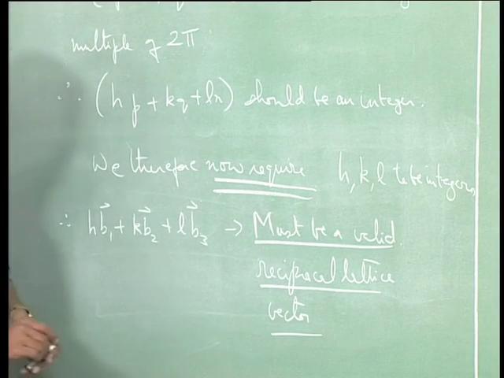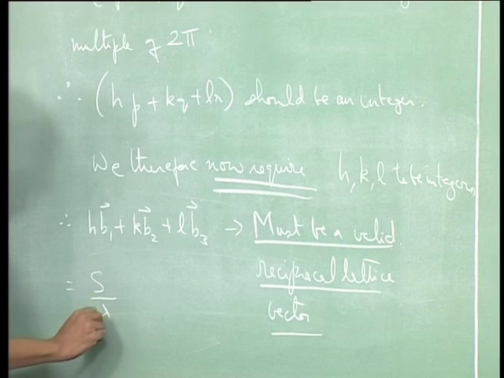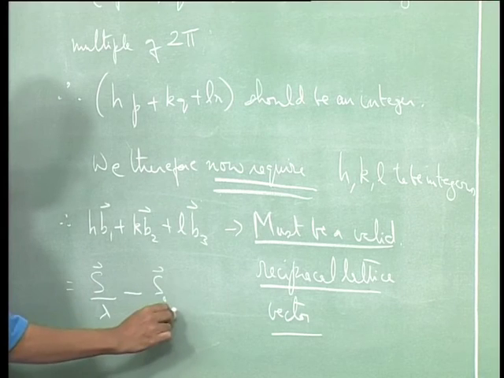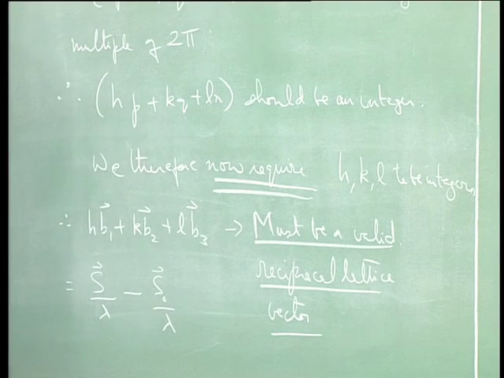And this is simply S by lambda minus S naught by lambda.